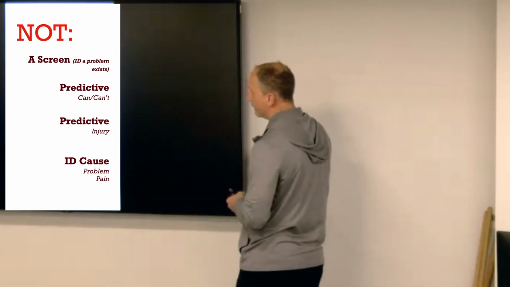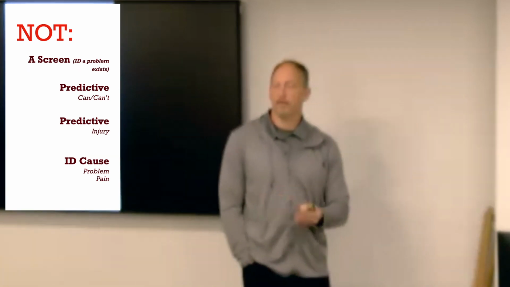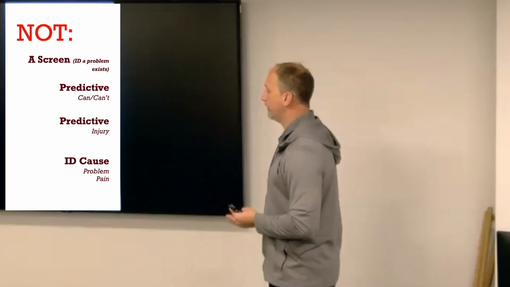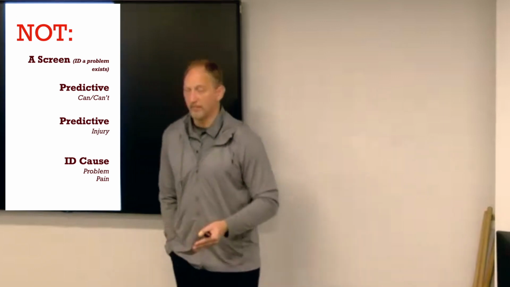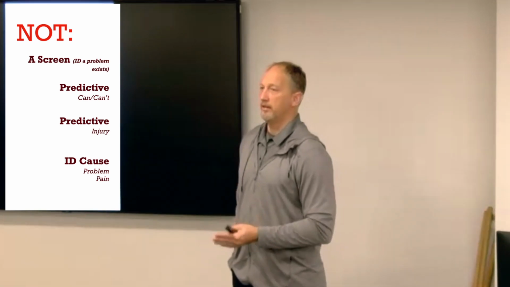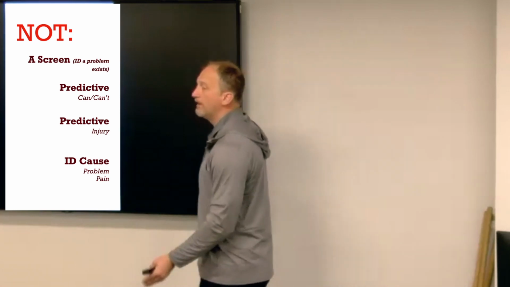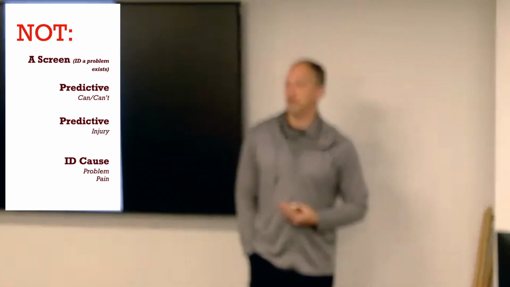It's not predictive. And when I say predictive, it's up there twice. We're not predicting what a person can or can't do. I've had several people where the bottom of their deadlift looks like absolute trash. Standing looks like absolute trash. They stand over top of a bar, they do a deadlift, and that deadlift is textbook.